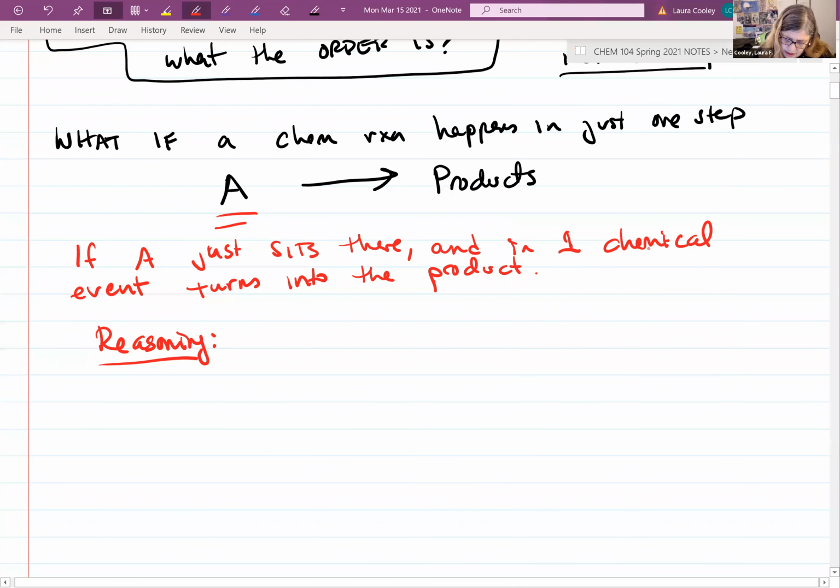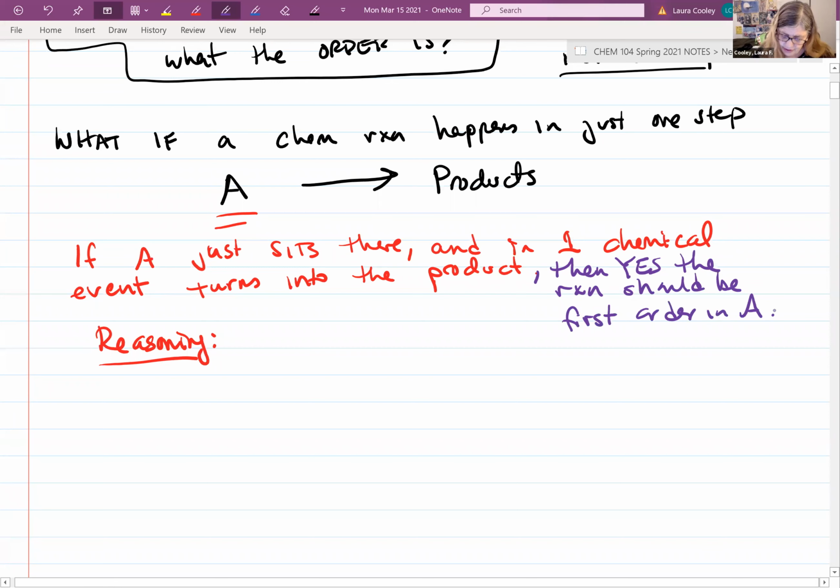so if A just sits there and in one chemical event turns into the product, let me finish this sentence, then yes, the reaction should be first order in A. That's the only thing there. If A just sits there. So I guess I had asked the question, shouldn't this be first order in A? Shouldn't it depend on the concentration of A alone?